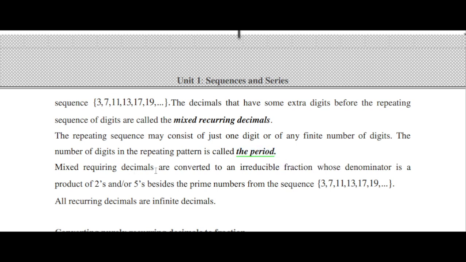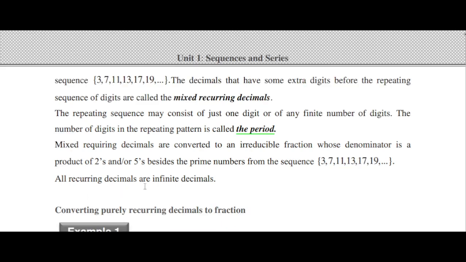Mixed recurring decimals are converted to an irreducible fraction whose denominator is a product of 2's and/or 5's besides the prime numbers from the sequence 3, 7, 11, 13, 17, 19 and so on. All recurring decimals are infinite decimals.